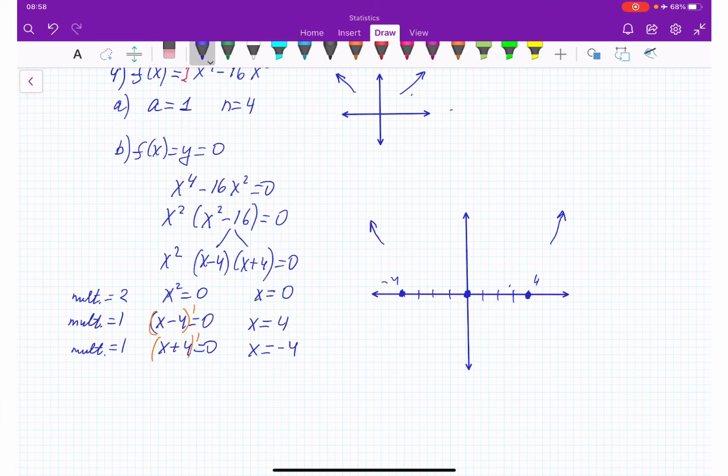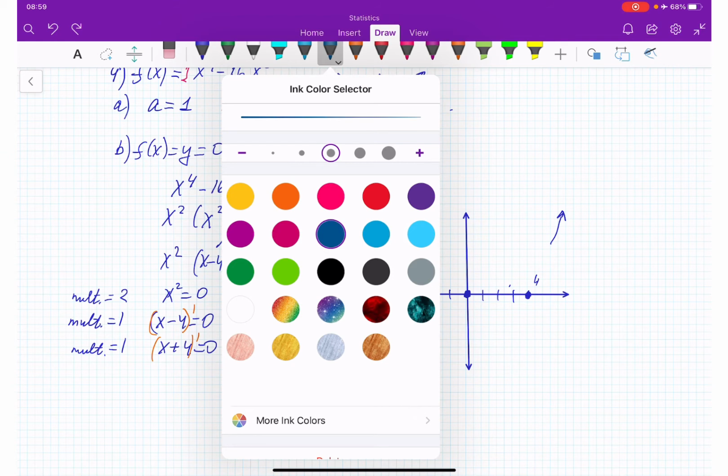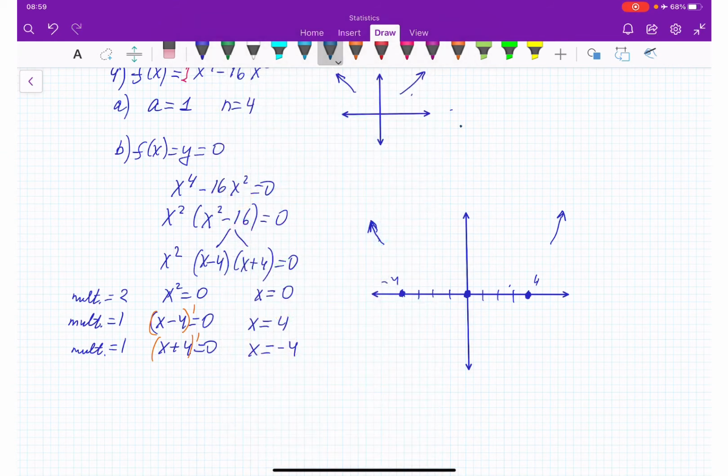This is my end behavior. Now let's see. I'm starting to figure it out based on multiplicity. First, taking care of points negative 4 and positive 4, to see how they connect with the end behavior. At the point negative 4, my multiplicity is 1, which means it's going to cross, and it's going to cross like this. Let me get another one, thicker.